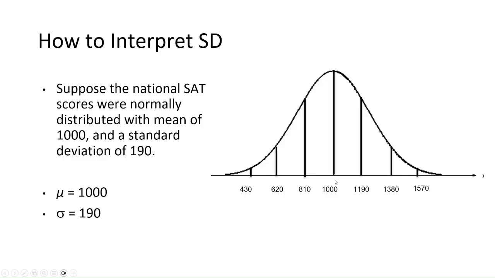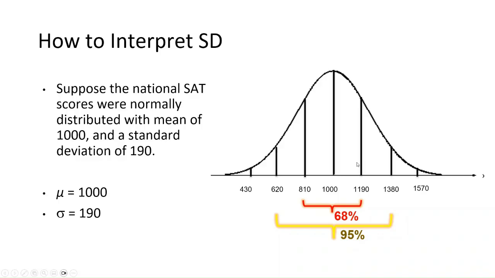Now, using the empirical rule, we can break it down like this. About 68% of students scored between 810 and 1190, because that's one standard deviation above and below the mean, right? Around 95% of students scored between 620 and 1380.